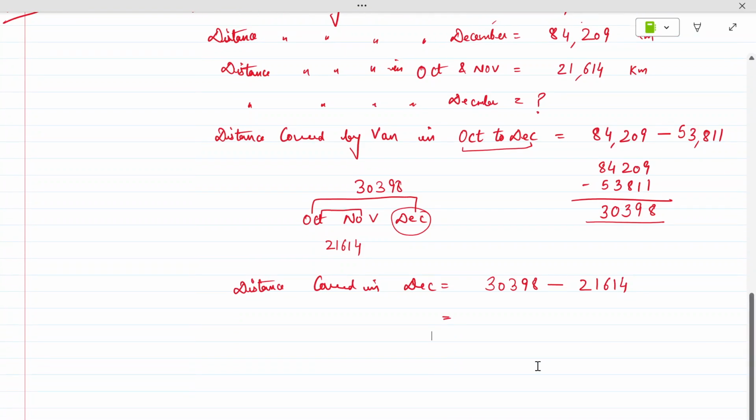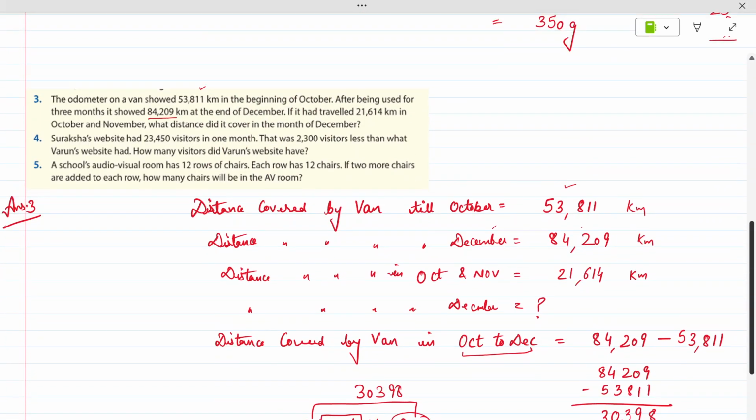If we subtract these two, we will get 4, 8, and then 7, 8. So if we subtract these two, we will get this as the answer: 8,784 kilometers. This is general subtraction. So I hope this is clear. This was a good question. Now, okay, so this question I'm going to solve here only.